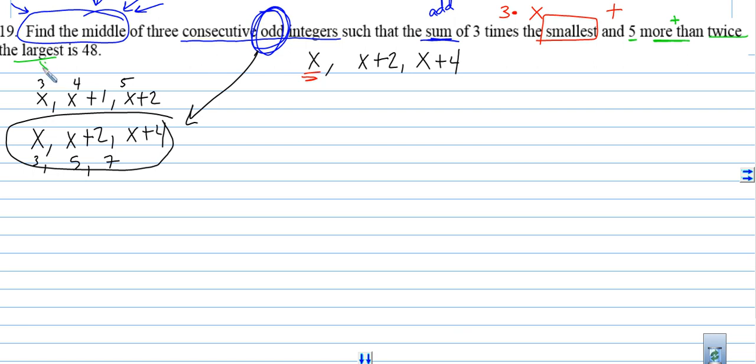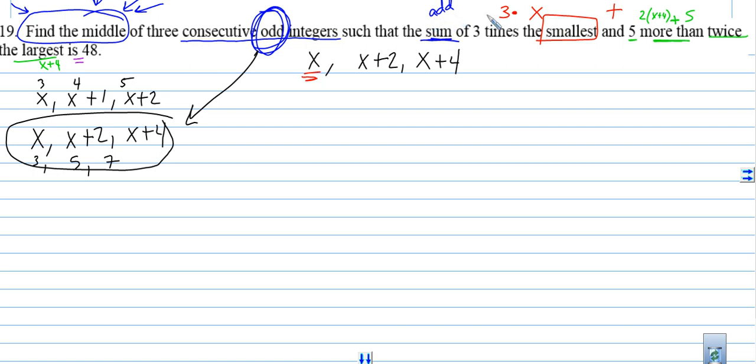Well, the largest is x plus 4. So we're adding 5 to 2 times the largest, which is x plus 4. And it says "is," which means equals 48.